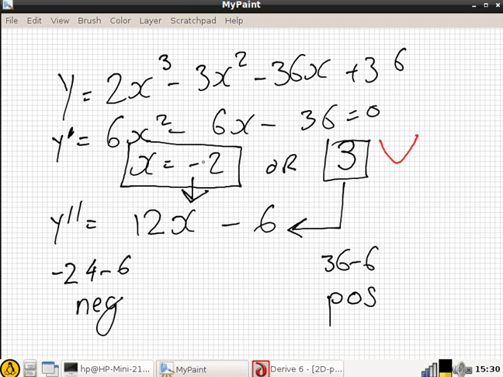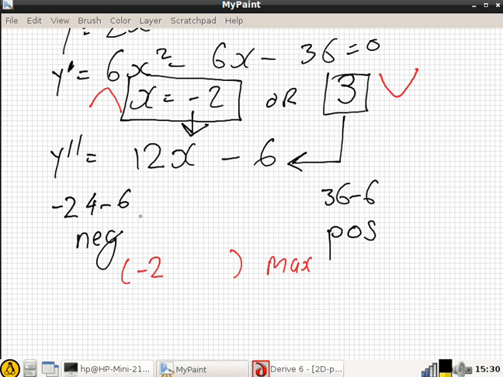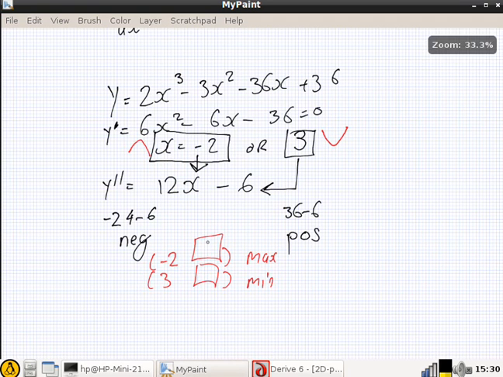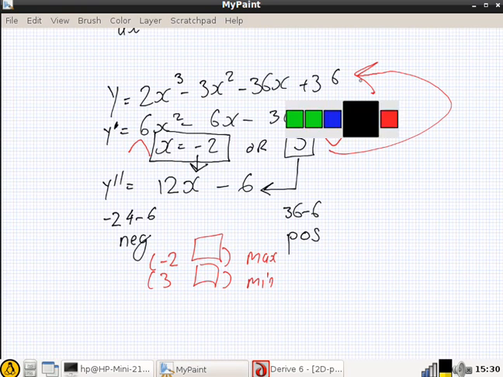And at the place of minus 2, it has a negative second derivative, which means it has this type of shape. Which makes me think that the minus 2 answer is the maximum, and then the 3 answer is the minimum. And I still have to find the y, but that's easy to do because all I have to do is take my 2 answers and put them back in. So I'd like you just to do that now for me. Give me the y values as well, please.